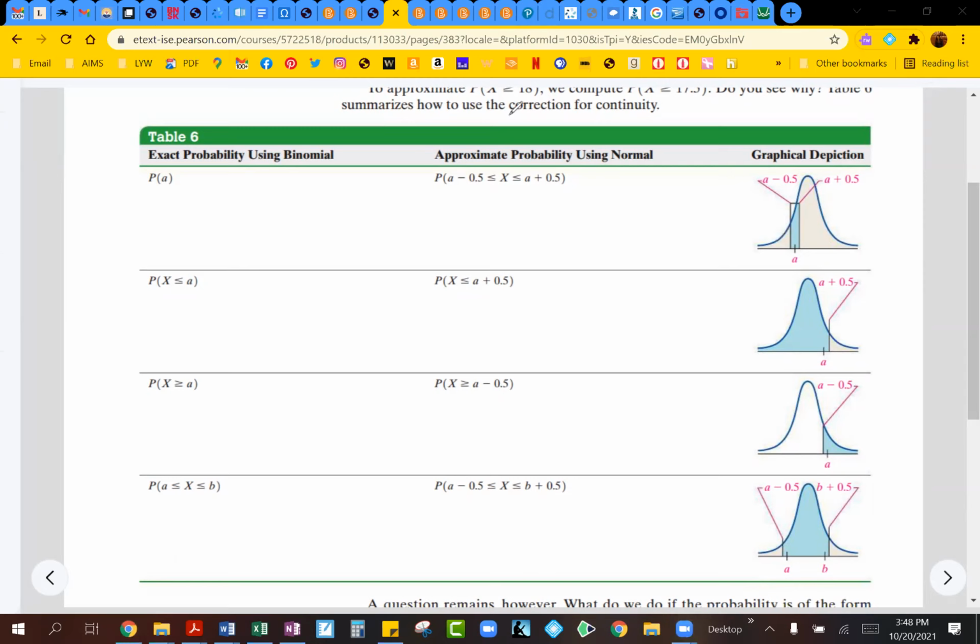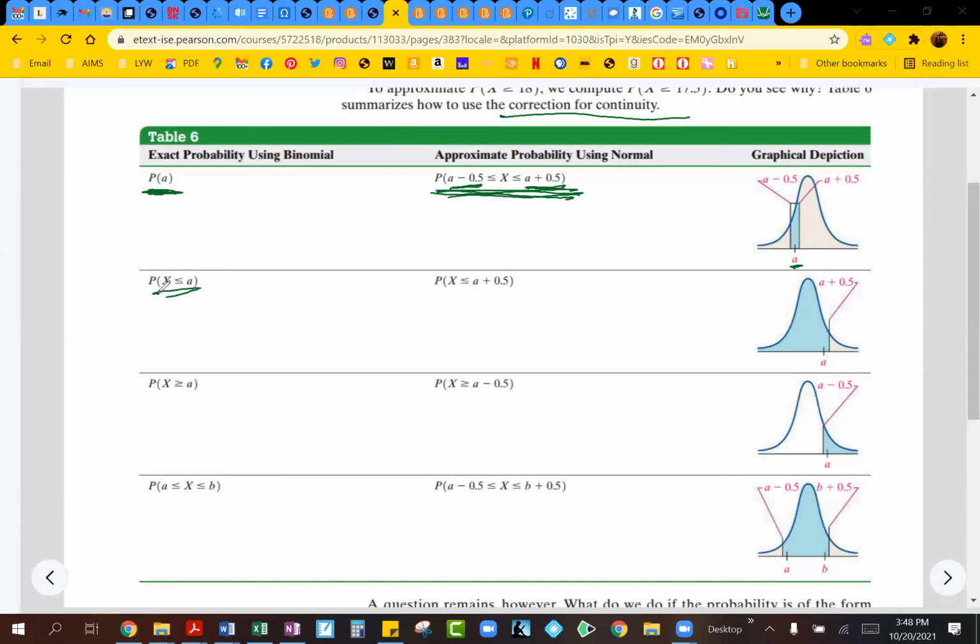Depending on how they ask you for your probabilities, you will have to make these adjustments. If this is what's given to us, this is how we will need to calculate it. If they're just asking you for one single number, then you subtract 0.5 from that number and add 0.5. That's how you would calculate that little area in your normal distribution.